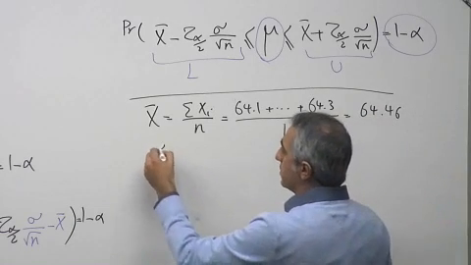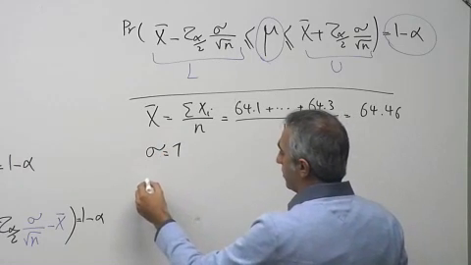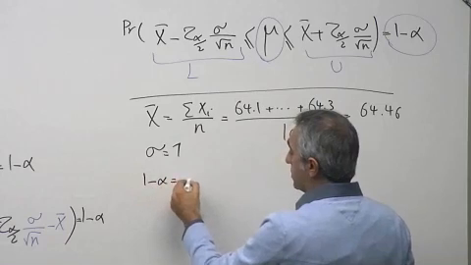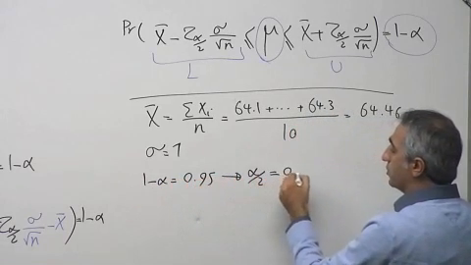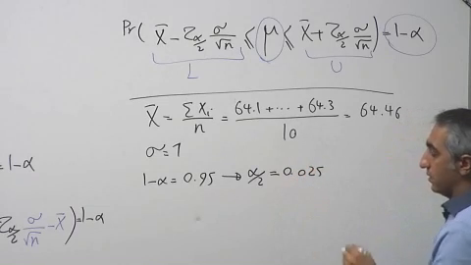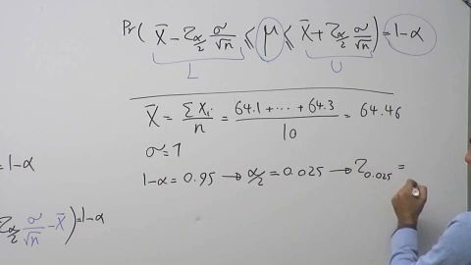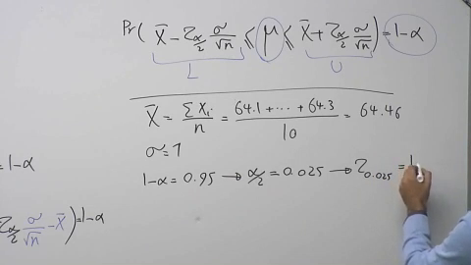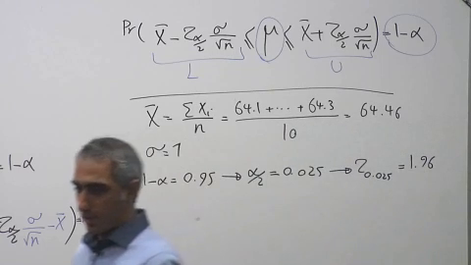Your sigma is given, which is 1. Your 1 minus alpha is 95%, so alpha over 2 is 0.025. So you need to find z of 0.025, which is 1.96. Okay?